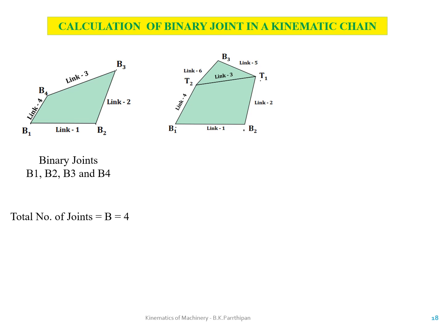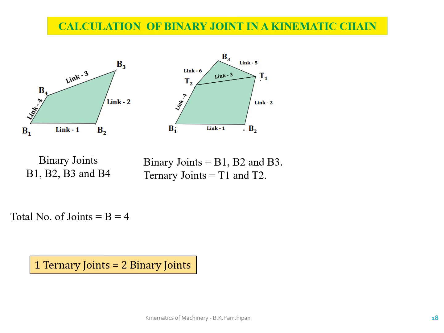Here link 5 and link 6 are attached, it is binary joint B3. At this point, 3 links are attached: links 6, 3, 4, so it is a ternary joint. So in the joint analysis, I have 3 binary joints and 2 ternary joints. B1, B2 and B3 are binary joints, and T1 and T2 are ternary joints.